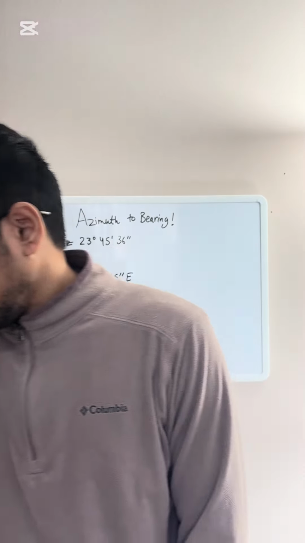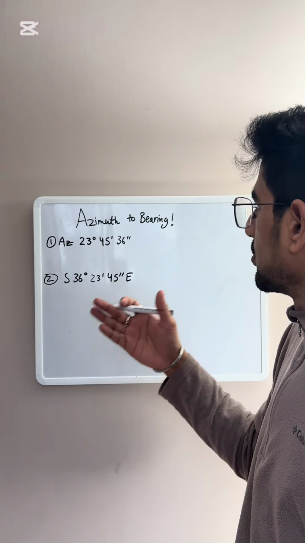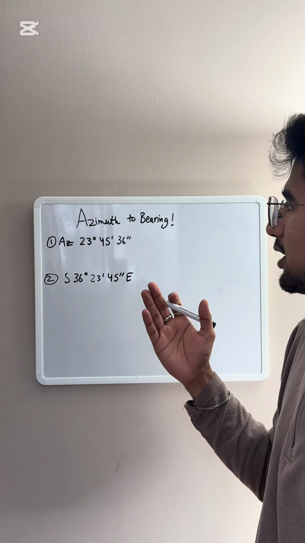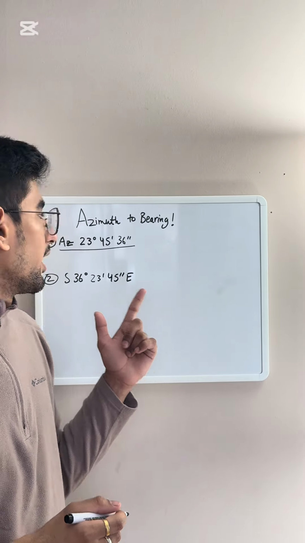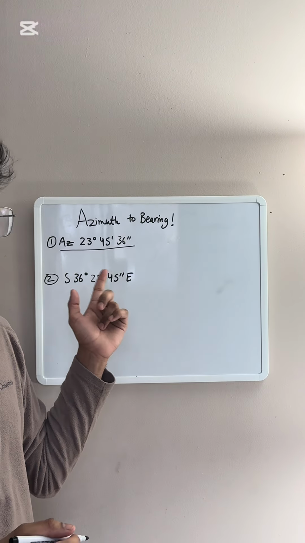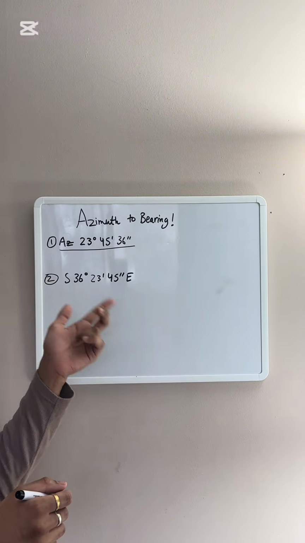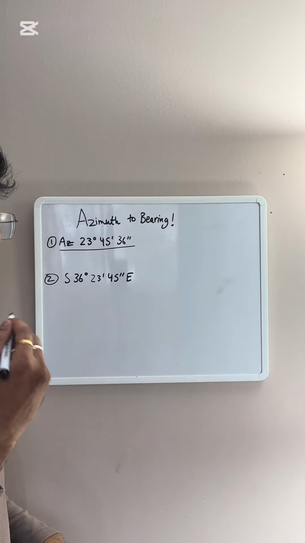Now we will be looking at some of the conversions from azimuth to bearing and bearing to azimuth. First we will begin with azimuth to bearings. I have written down 2 questions, and I will show you how to convert from azimuth to bearings and double check it with the quadrant diagram.